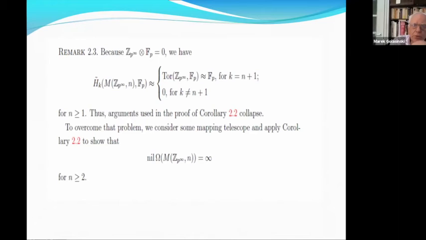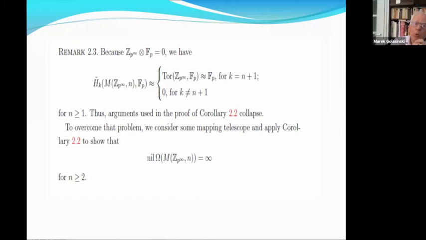So the reduced homology of the Moore space determined by the Prüfer group with coefficients in Fp is concentrated only in dimension n plus 1. This group is Tor of Z/p^infinity and Fp, but it is isomorphic to Fp. So the argument used in the previous corollary collapses because we don't have two primitive generators.